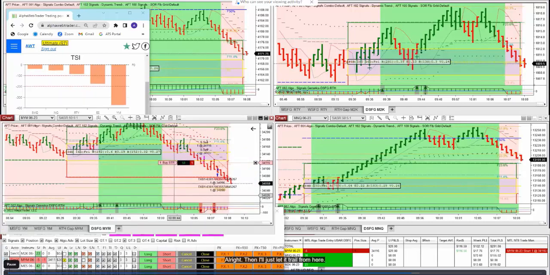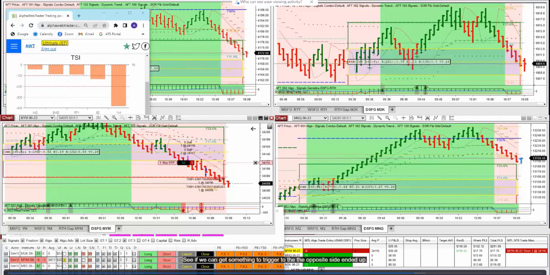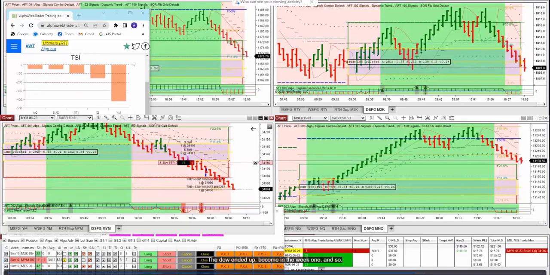And then I'll just let it trail from here. So sometimes it happens. You miss one end, but we knew news was coming. If we can just be a little patient sometimes, see if we can get something to trigger to the opposite side. The Dow ended up becoming the weak one.